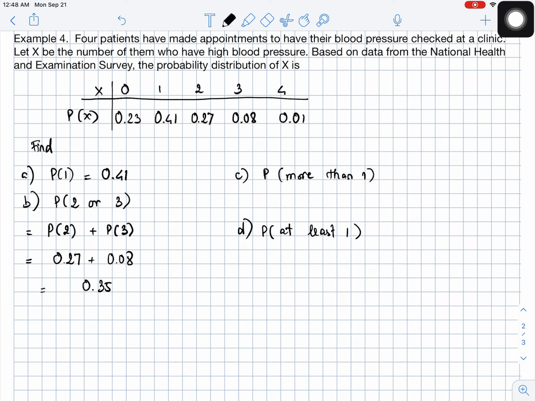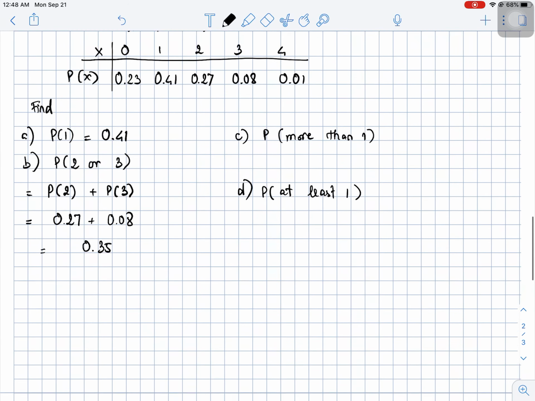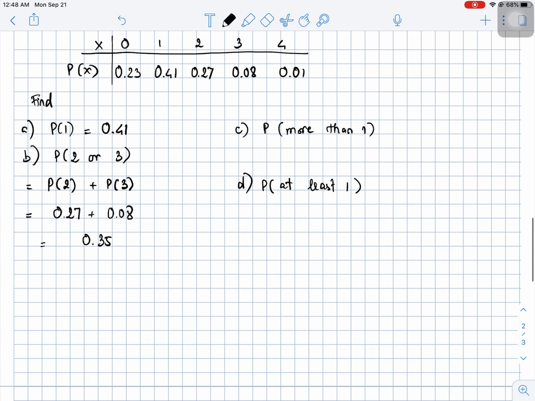Now we have more than 1 in C and at least 1. So before we do that, let's look at this example. If I tell you that I have more than 3 children, so more than 3 children means I may have 4 children or 5.